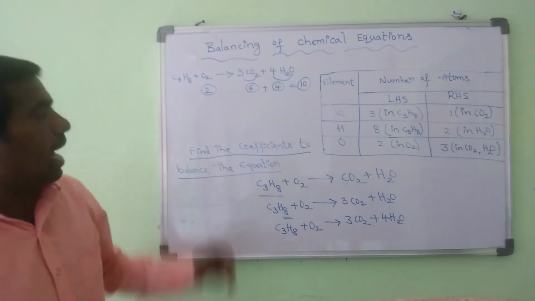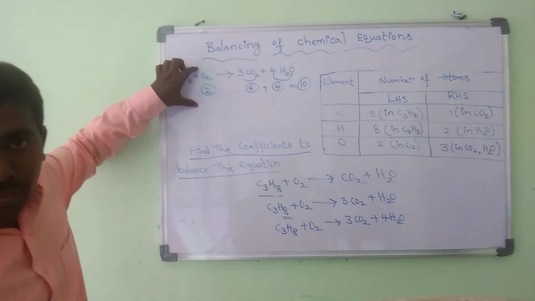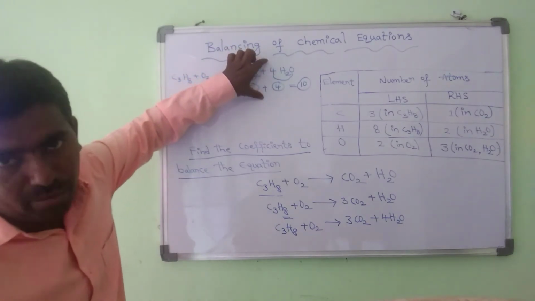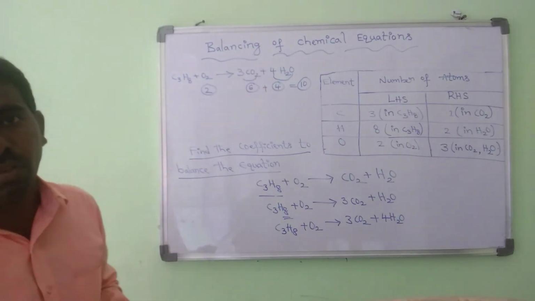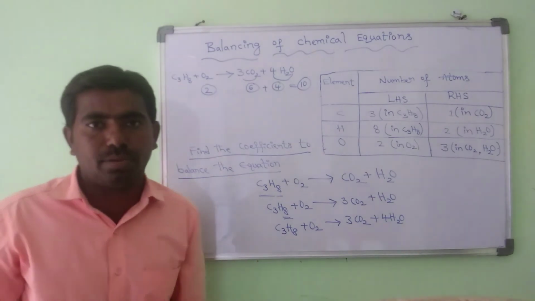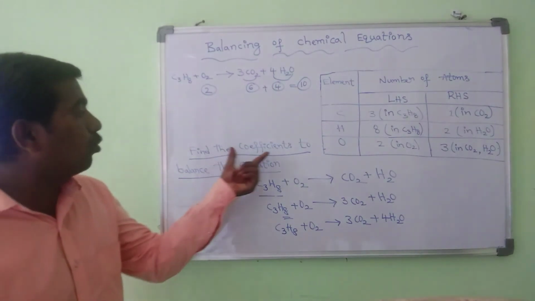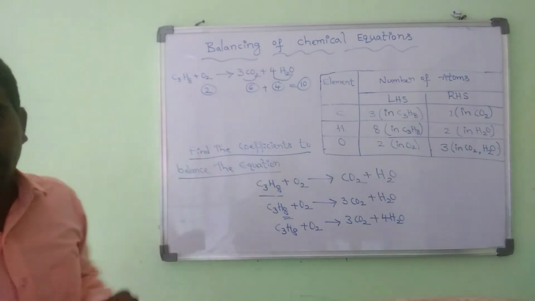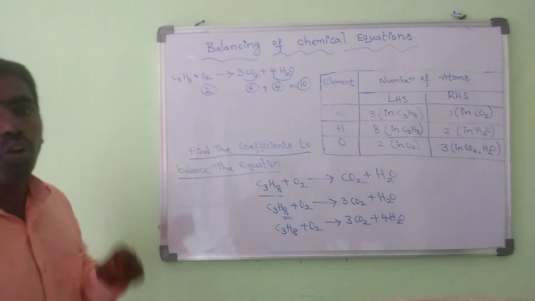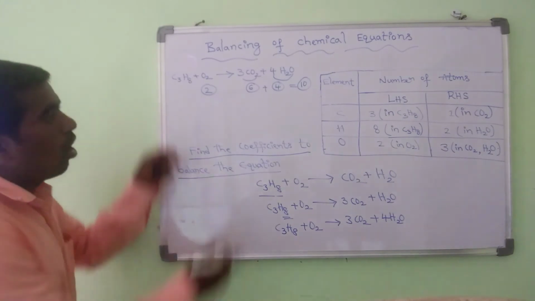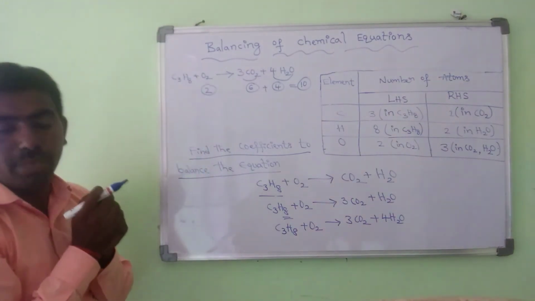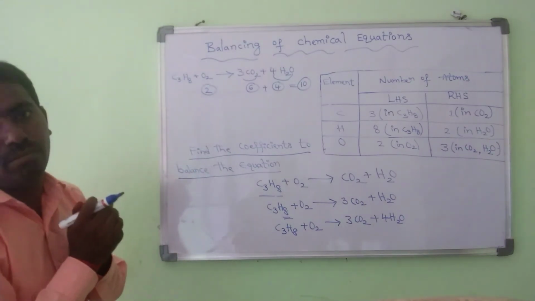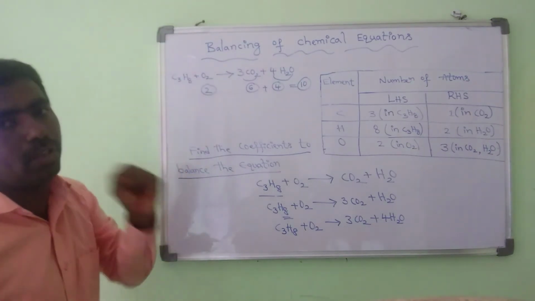That means as compared to the oxygen atoms on the left side, more oxygens are there on the right side. That's why we have to balance these oxygen atoms by finding a suitable coefficient. And now I am changing the coefficient of the O2 molecule because here fewer oxygen atoms are there. That's why I am changing the coefficient of this molecule.